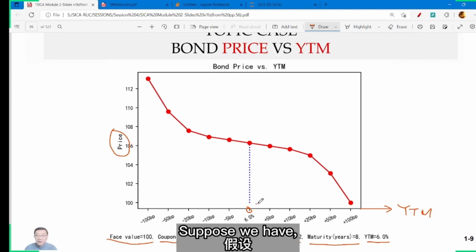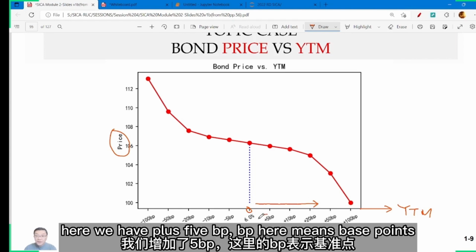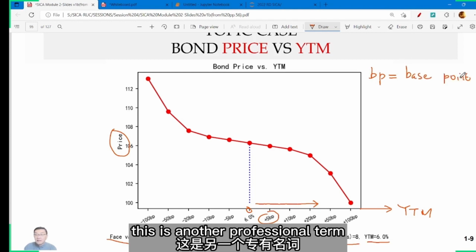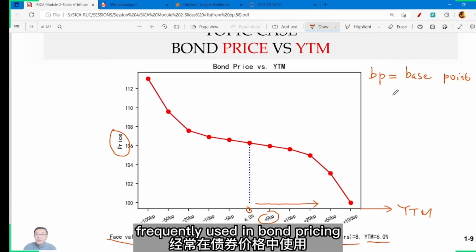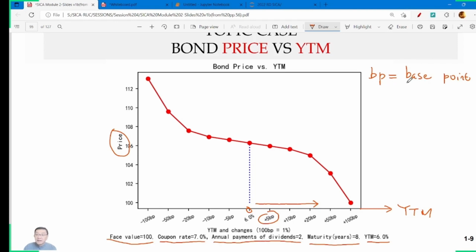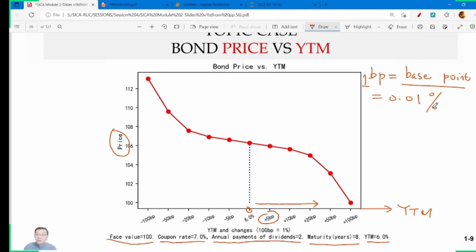Suppose we increase YTM in this way. Here we have plus 5 BP. BP here means base points. This is another professional term frequently used in bond pricing and also used in interest rate management. 1 base point equals 0.01%.